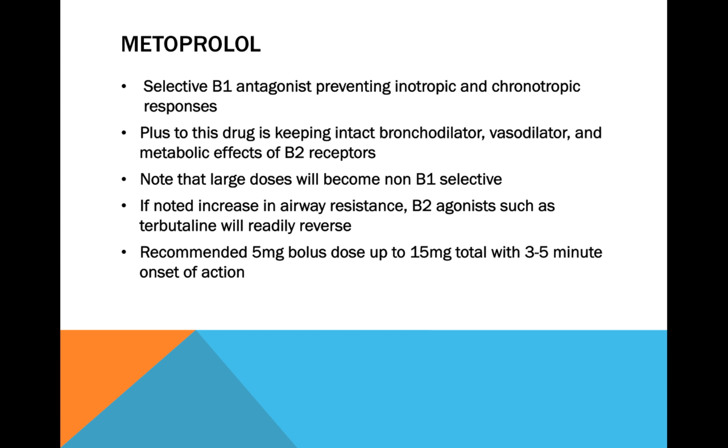Note that large doses will become non-beta 1 selective. If an increase in airway resistance is noted, beta 2 agonists such as terbutaline will readily reverse this. Dosing wise, it's recommended to start with a 5 milligram bolus and work your way up to 15 milligrams total, and give yourself 3 to 5 minutes for onset of action.